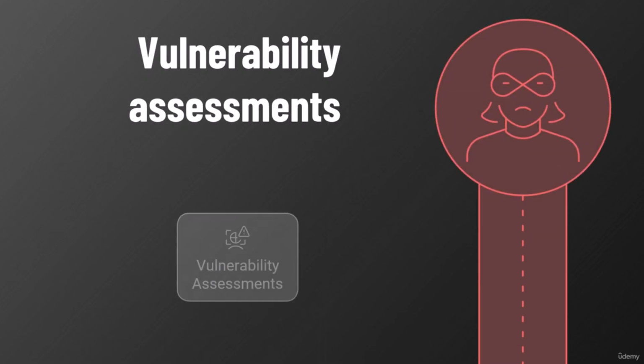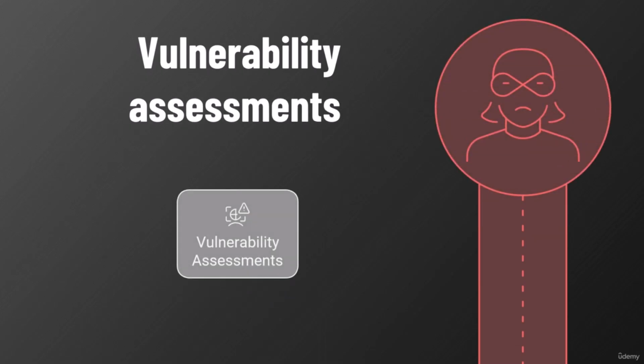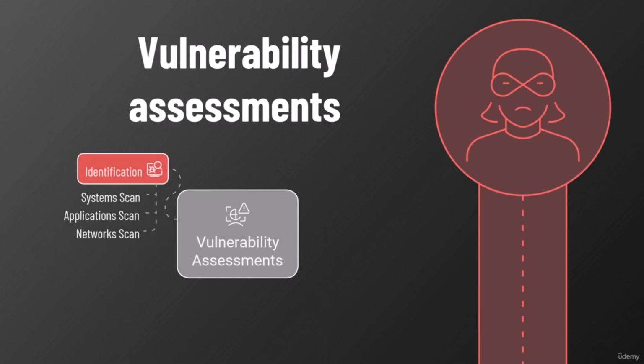Vulnerability assessments are generally more automated processes focused on identifying, cataloging, and prioritizing known vulnerabilities within an organization's infrastructure. These assessments typically don't involve exploitation. Instead, they concentrate on finding security weaknesses. They provide a comprehensive scan of systems, applications, and networks, highlighting potential security gaps that could be exploited.